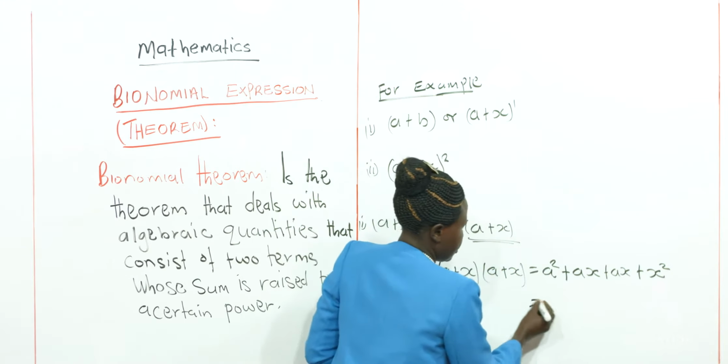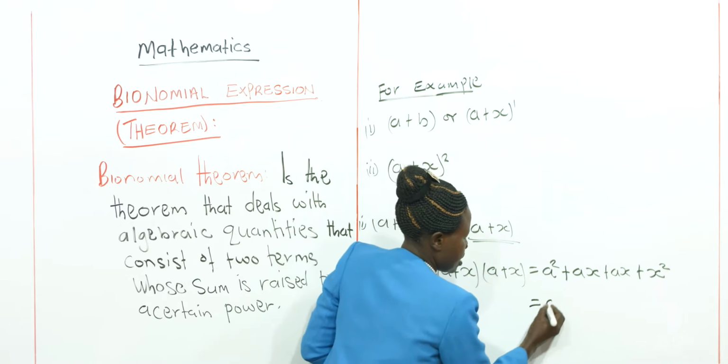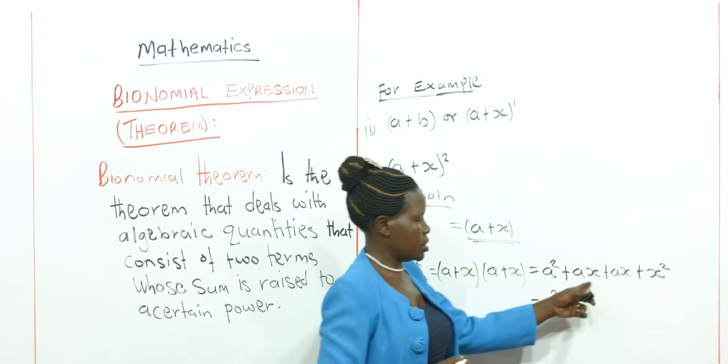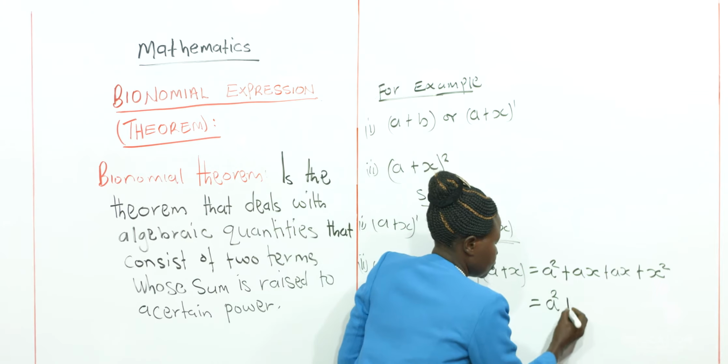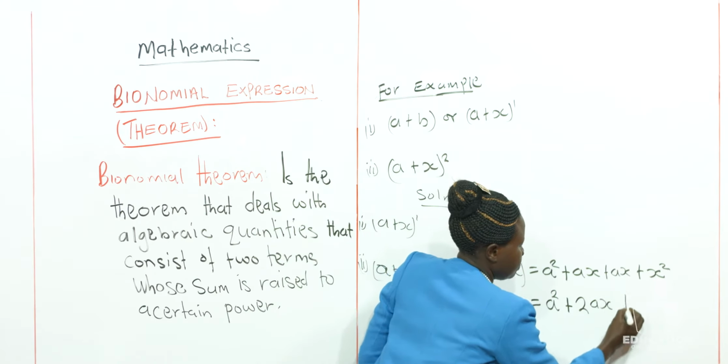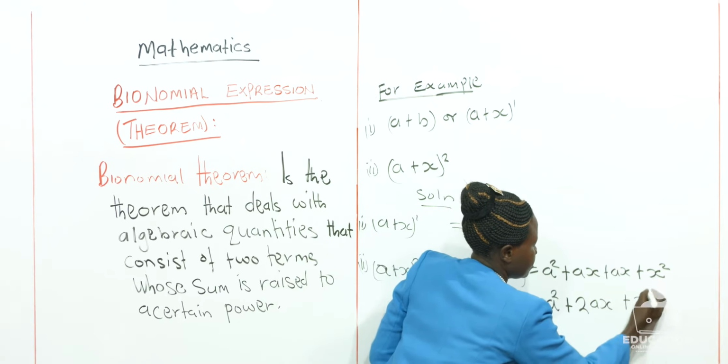So our expression will be a square plus 2ax plus x square.